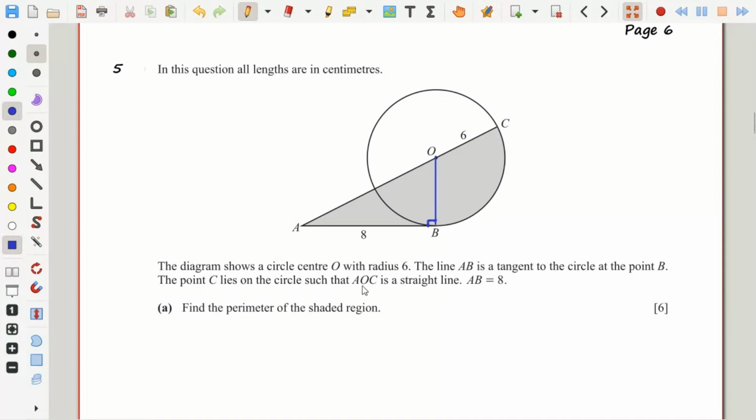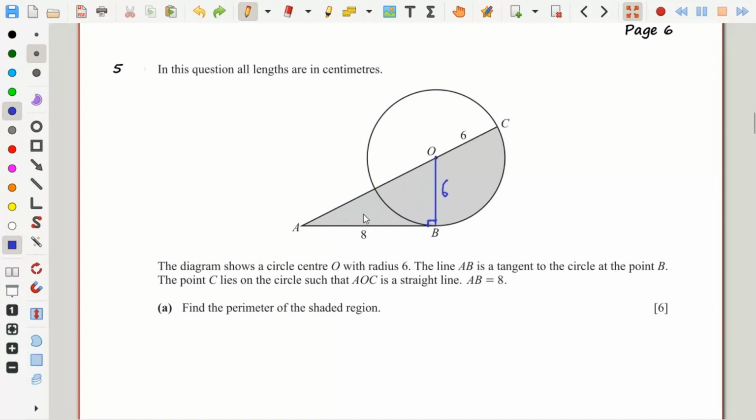Point C lies on the circle such that ACB is a straight line. AB is 8. Okay, so this side will be 6. So basically I have a right angle triangle here. Can you see?